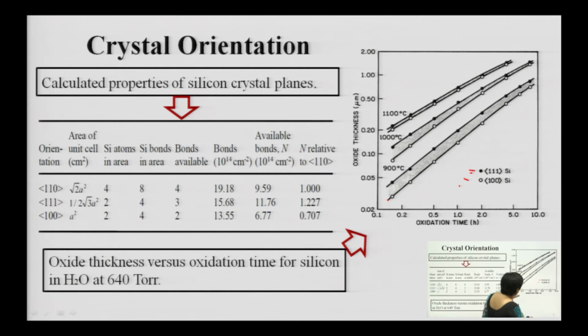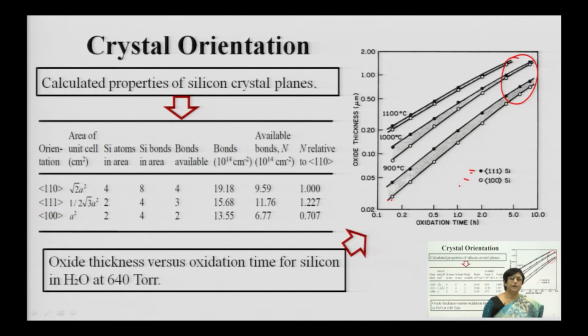Now, the gap between the two is slowly decreasing. There is no exact explanation, and here the Deal-Grove method is not able to justify this particular action.